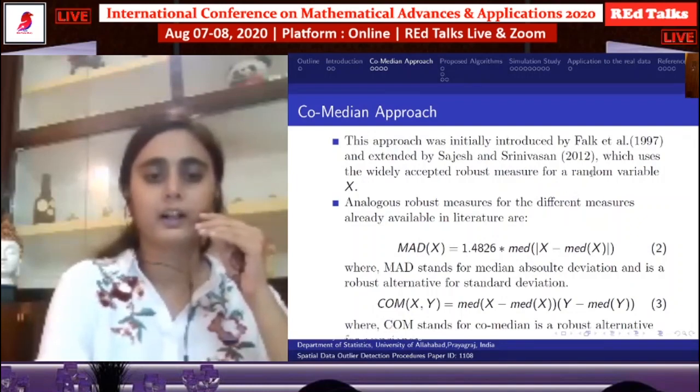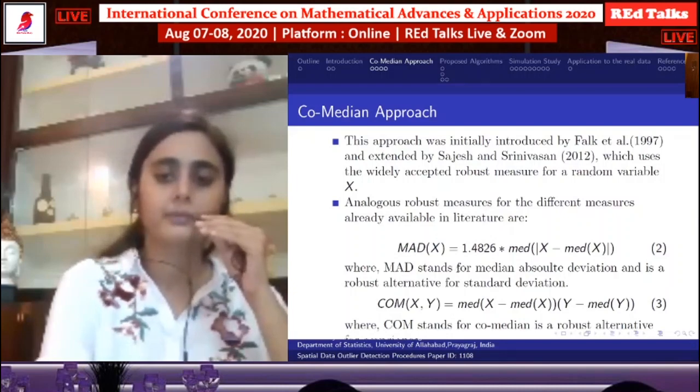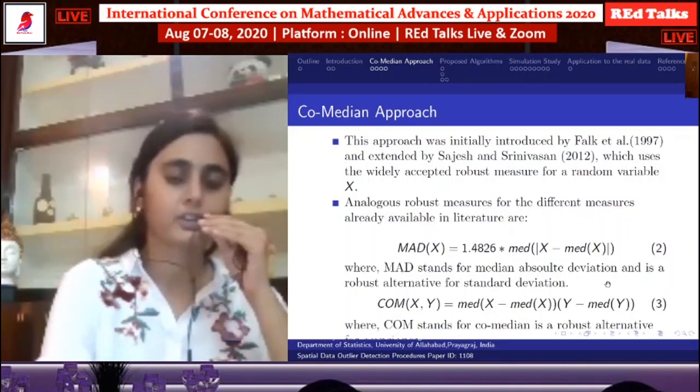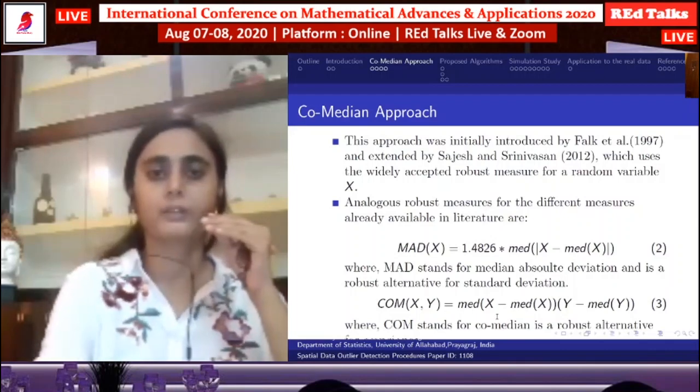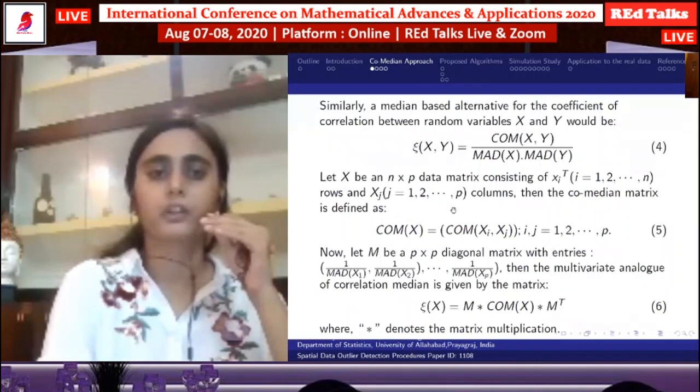As in equation 2, we can see that the median absolute deviation is defined. This is a robust alternative for the standard deviation. Also, in equation 3, we can see that the comedian is defined, which is the robust alternative for the covariance. Also, the robust alternative for the coefficient of correlation is defined as in equation 4.